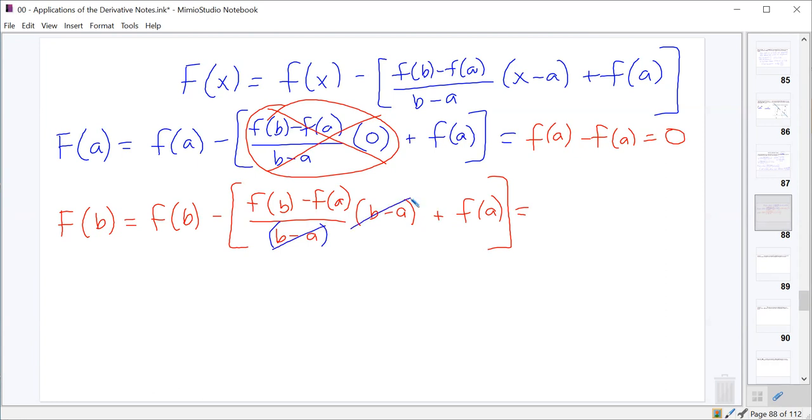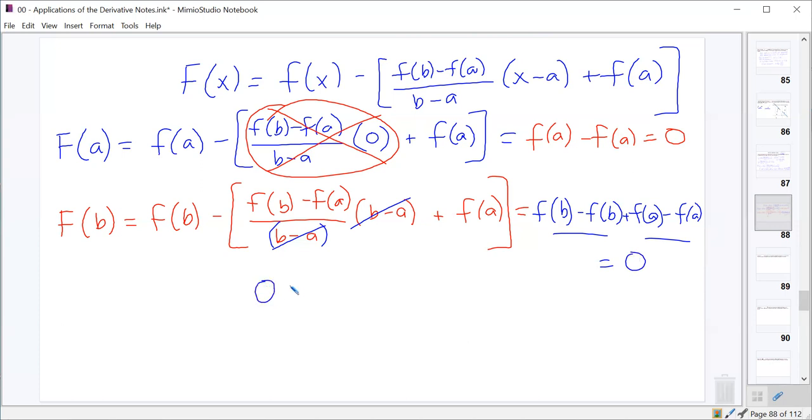So we're then just left with f of b minus, and I guess we'll just distribute this minus sign through everything. So minus the f of b, and then minus the minus f of a will make for a plus f of a. And then minus the plus f of a will make for a minus f of a. And we can see that f of b minus f of b is 0, and f of a minus f of a is 0, and this comes out to be 0.